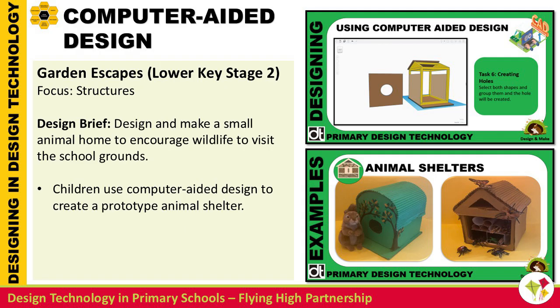In order to be successful in using this software, children should have knowledge of 3D drawing techniques. In the example on the screen, children use Tinkercad to manipulate and combine a range of 3D shapes to create a design for an animal shelter. Having completed the design, they use it when making a prototype of their animal shelter.